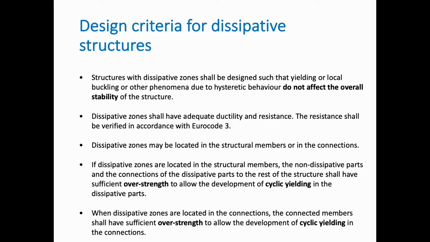So in other words, we are again talking about proportioned design and understanding how to balance out the sizes when you design your structure, whether you want the dissipative element to be the brace or the beam, or to be the connection. Accordingly, you will then design the members connected to that connection.